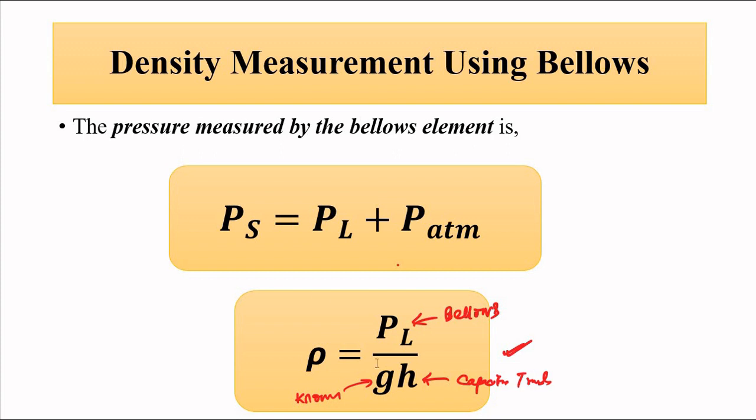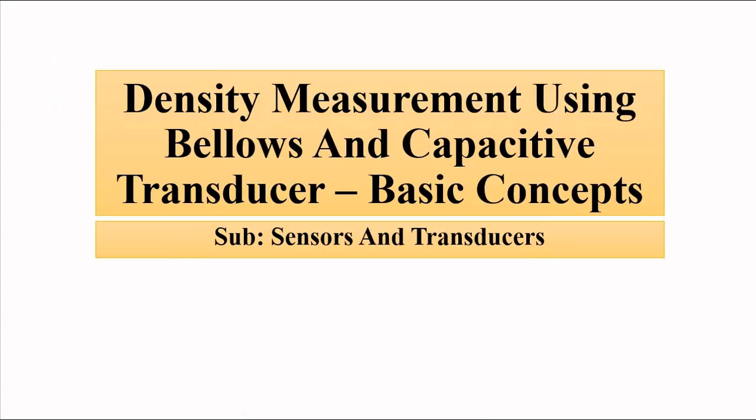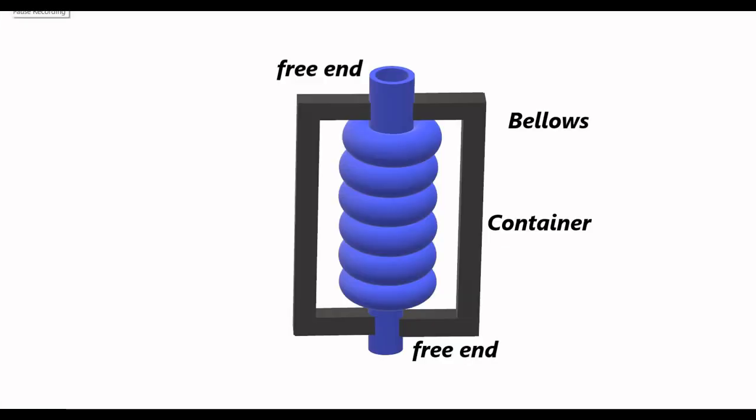Okay, so this is all about density measurement using the pressure measurement device bellows and the level measurement device capacitive transducer. Now let us try to understand this whole thing from a three-dimensional perspective. So here we have the bellows.